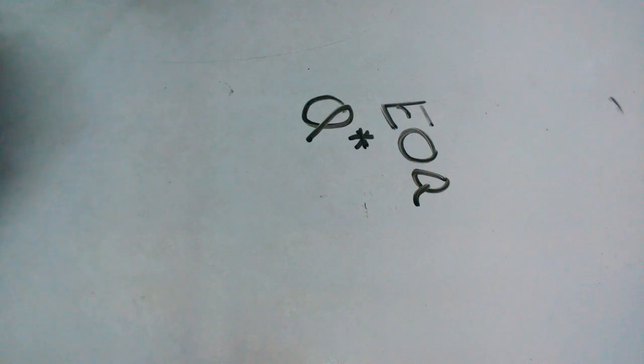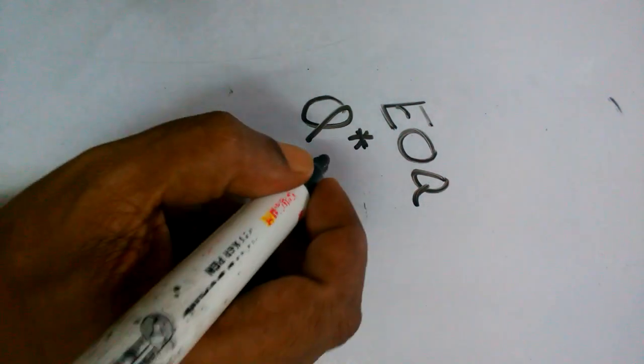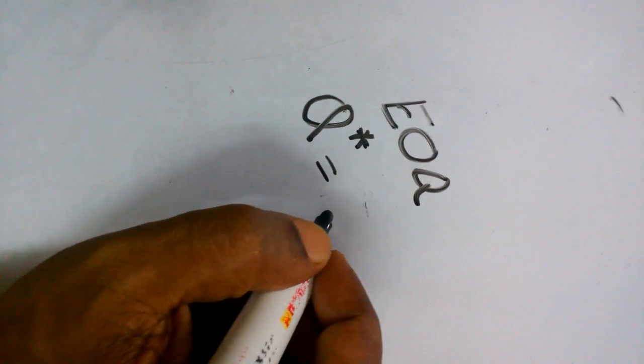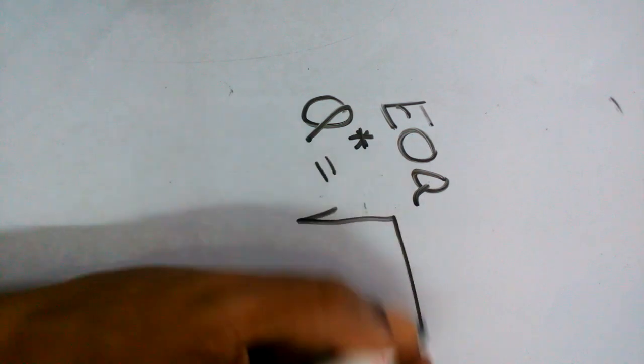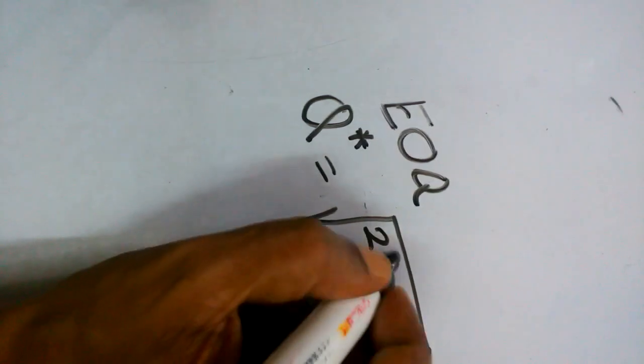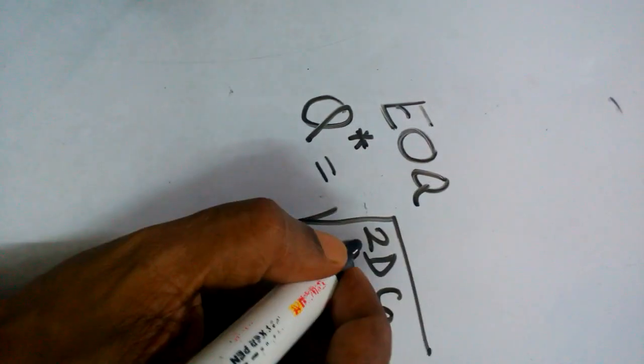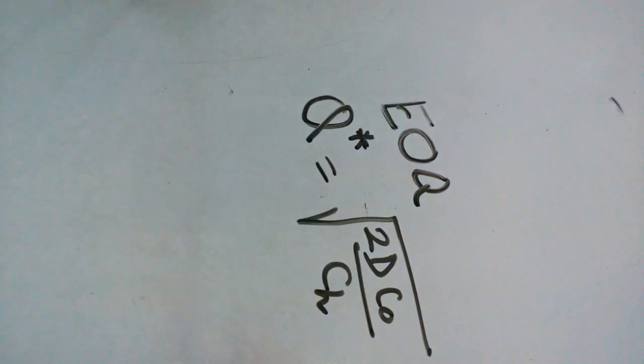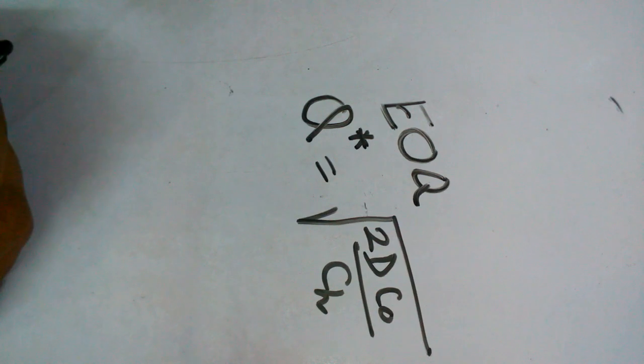Setup cost I told you per order, and Q star means per order how much quantity will be ordered. That is a formula. Q star is root under 2DCO by CH. This is the formula. This is the optimum size, optimum lot size, optimum size of the order.